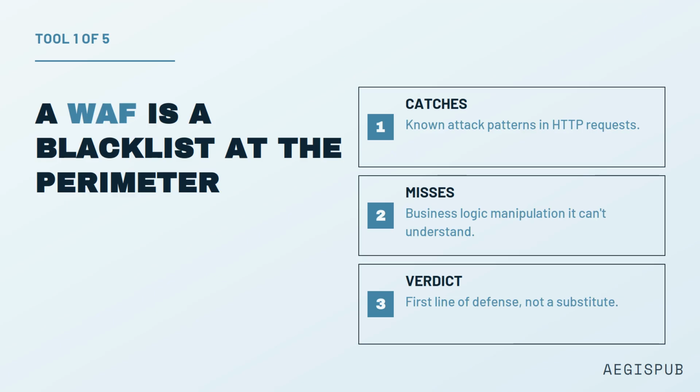A WAF that blocks drop table in a URL parameter will not catch a business logic manipulation where a user changes their order quantity from 1 to -1 and receives a credit to their account. Server-side validation is the only layer that understands what the application is supposed to accept. The WAF is an additional layer, not a substitute.